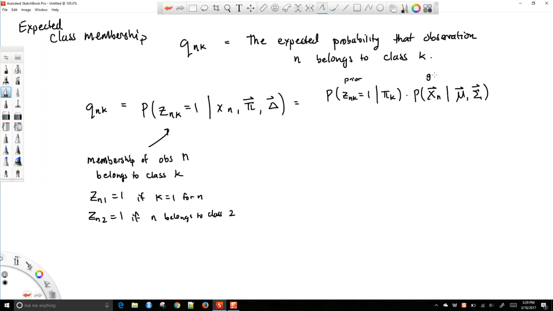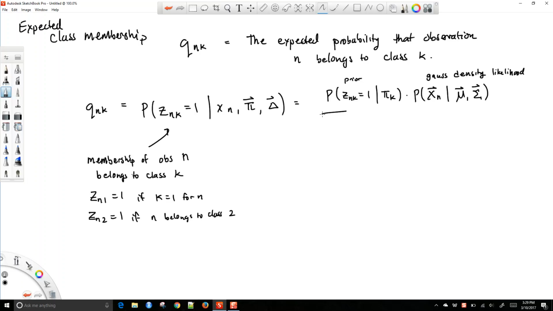And this would be the Gauss density. Okay. And so this goes in the numerator, right? We have our prior multiplied by the Gauss density, kind of to get our likelihood.